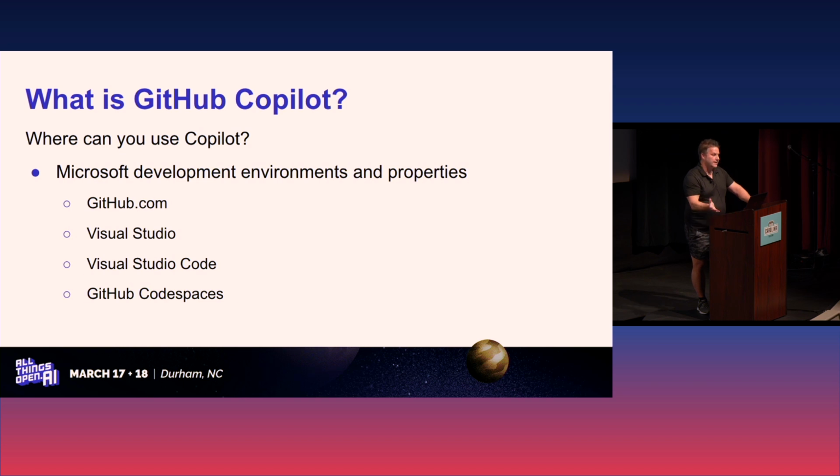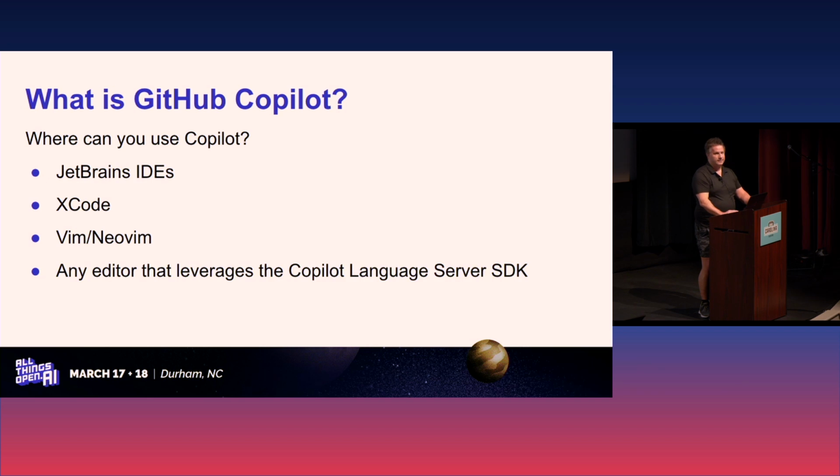And so right now, where can you use it? So you can use it on github.com. You can use it in Visual Studio for any of the .NET folks that might be here. Visual Studio Code, GitHub Codespaces. I think they partnered with JetBrains a while ago, so the JetBrains IDEs are there. Pretty recently, I know there's some React Native folks here, Xcode also supports Copilot now.